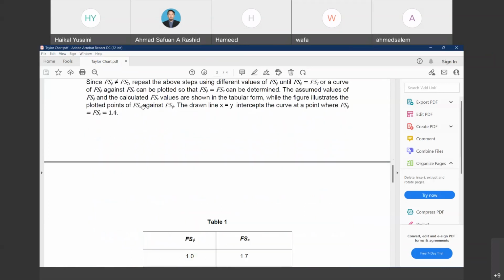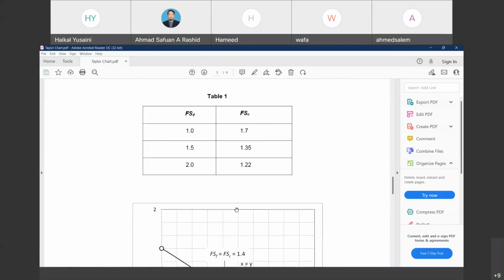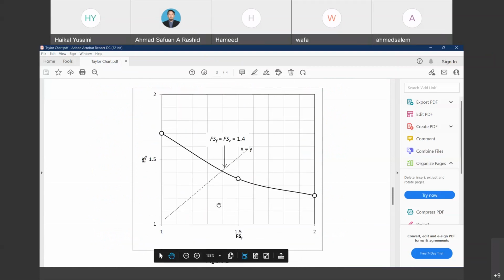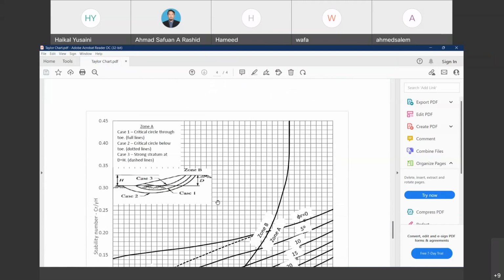For this case, Dr. Kamaruddin increased the factor of safety to 1.5 and obtained 1.35, then increased to 2.0 and obtained 1.22. Then plot the relationship and get the line of equality. So the factor of safety is equal to 1.4.